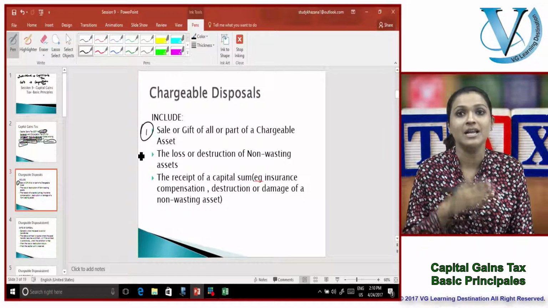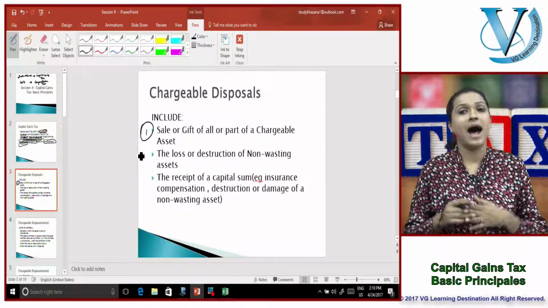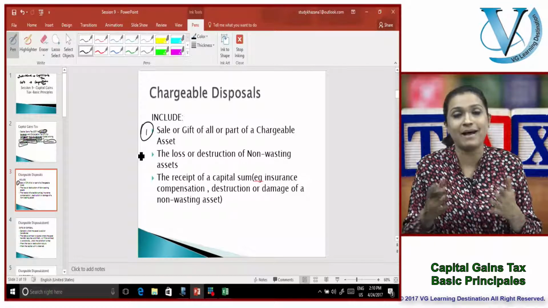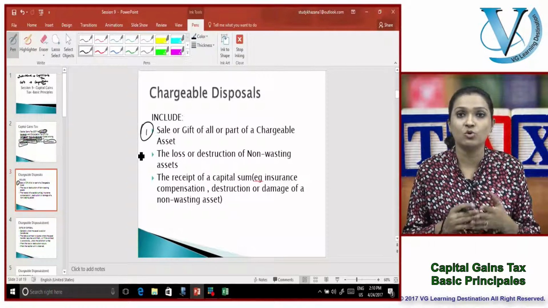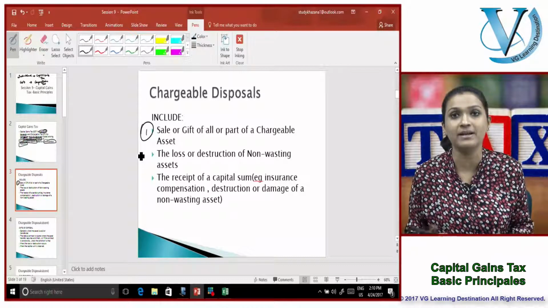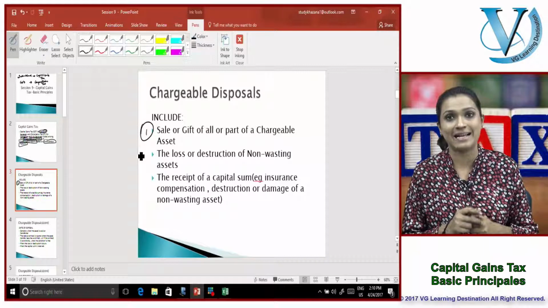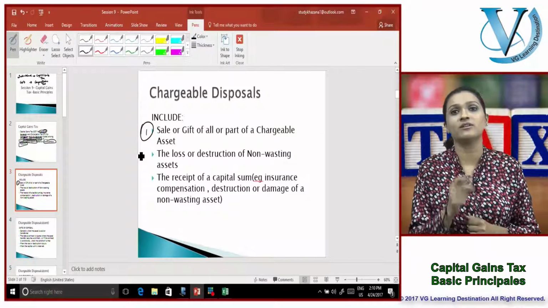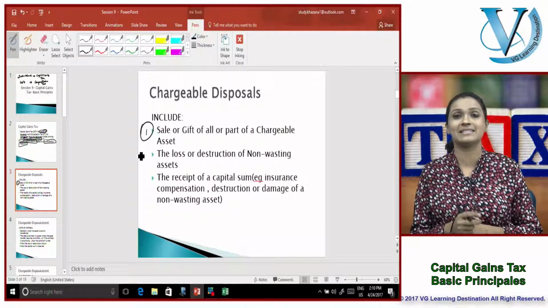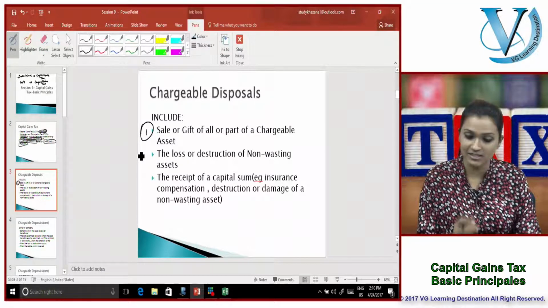So both sale as well as gift of a chargeable asset are going to be categorized as a chargeable disposal. Now what happens if I have not sold off my asset, I have not gifted my asset to anybody, but due to an act of God, some natural calamity has happened resulting in the destruction of my chargeable asset? That loss or destruction of a non-wasting asset is also going to be considered a chargeable disposal.